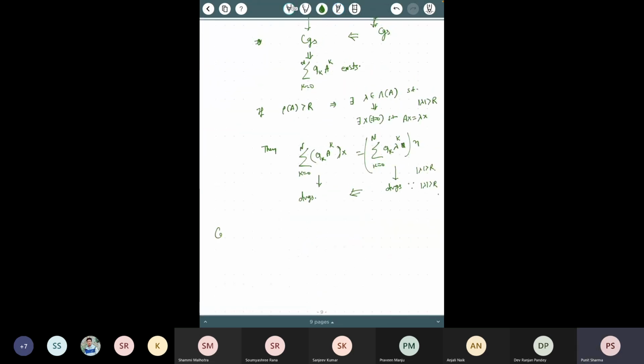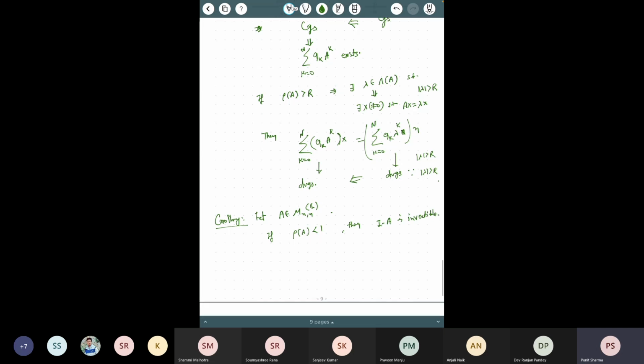So as a corollary of this result, you can say that if we have a matrix A, and if rho A is less than 1, then clearly I minus A is invertible. I have already given you one exercise on why I minus A is invertible if rho A is this.